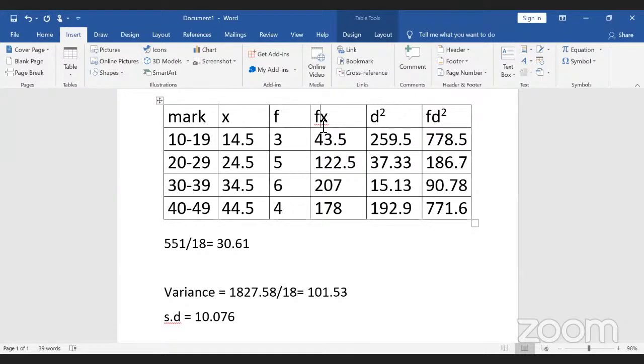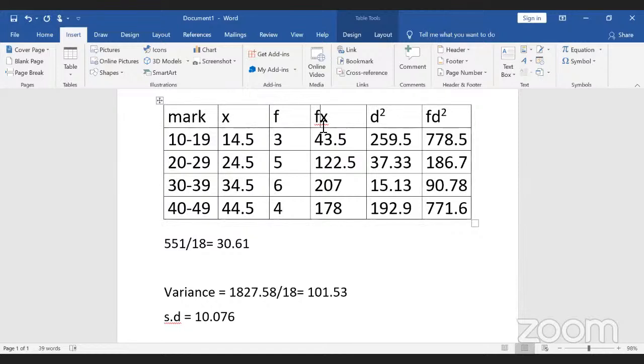Now, so that we can optimize on the log table that we work with, in the formulas found in the log table, we have 3 different methods or formulae of getting variance.